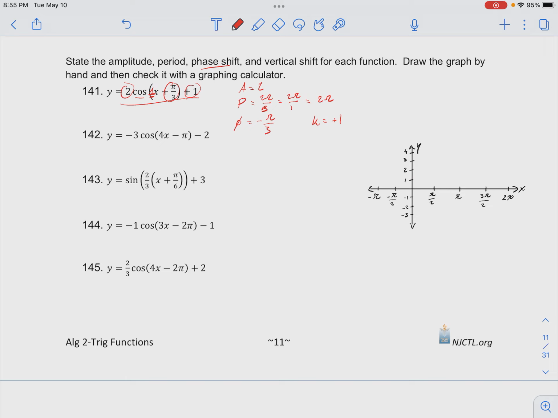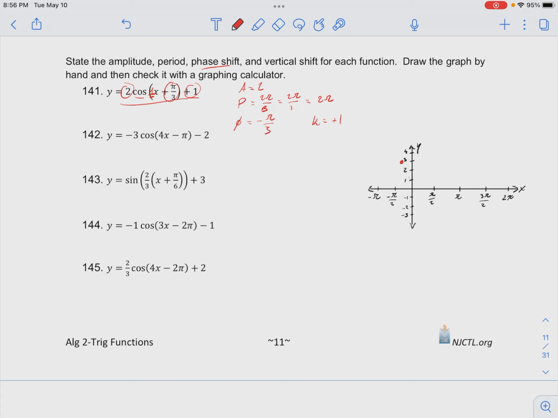So now our function will start at this value over here, and we also recognize that we have a scale factor of 2, so we're also going to have to move it accordingly to that as well. So it's actually going to start now at negative pi over 3, comma 3.